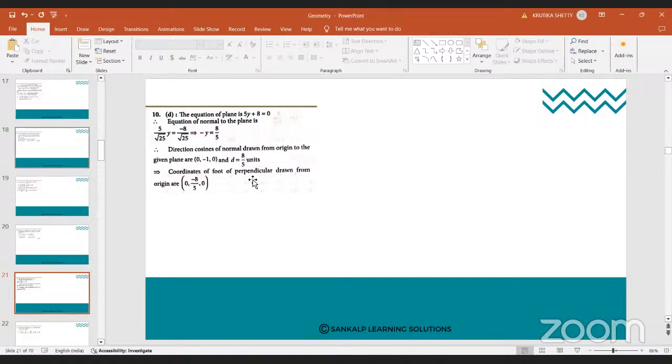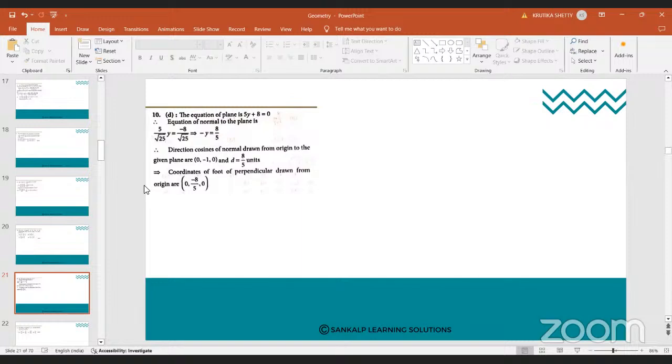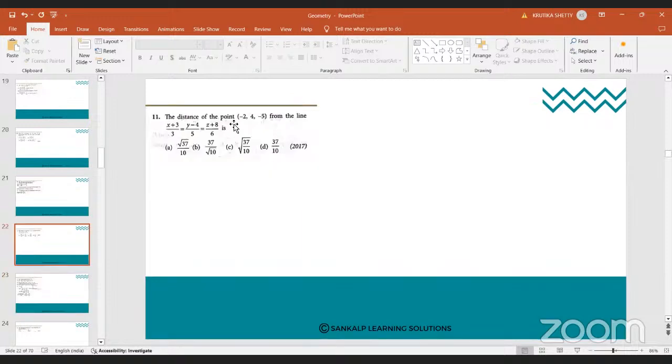Next, example number 11. The distance of the point (minus 2, 4, minus 5) from the line (x plus 3) upon 3, (y minus 4) upon 5, and (z plus 8) upon 6 is.